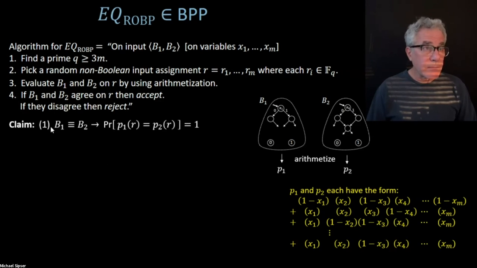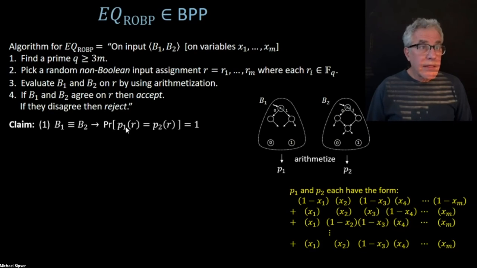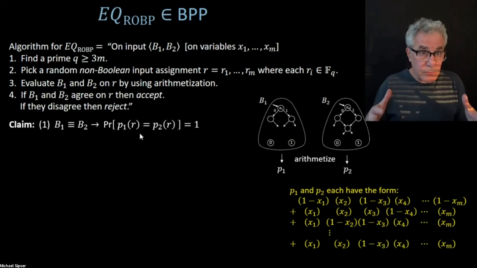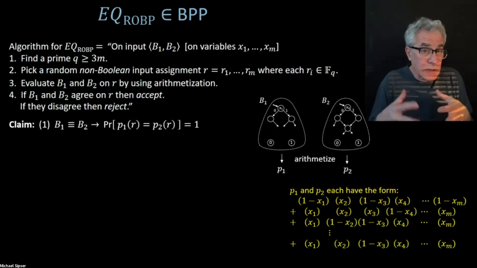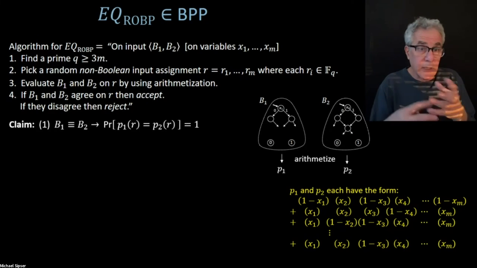First claim: if the branching programs were equivalent, so they compute the same Boolean function, then the two polynomials agree everywhere. So the two branching programs are going to get the same value on every non-Boolean case as well as on the Boolean cases. They agree on the Boolean, that means they always agree, even on the non-Boolean.